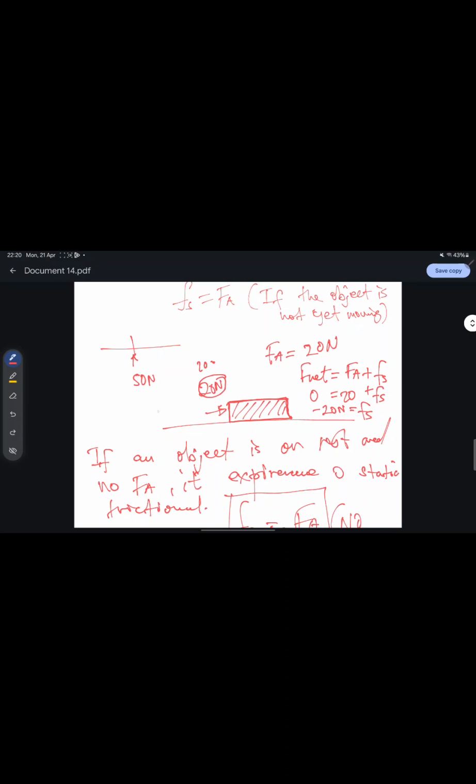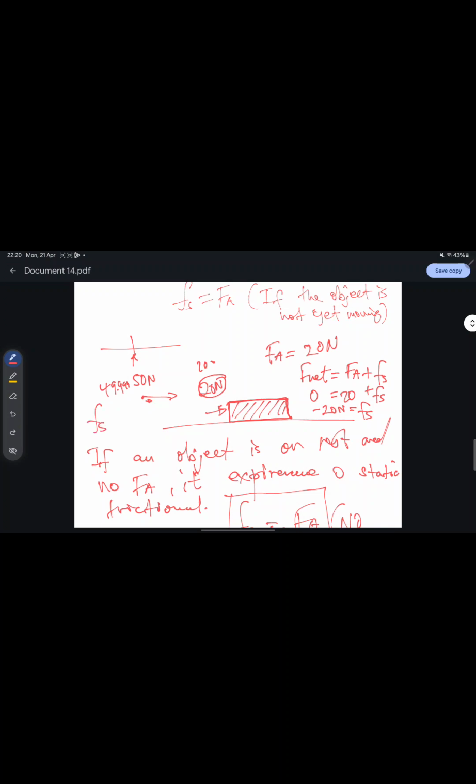When I'm applying 50 Newton, the block starts to move to the right. At 49.999 the block was not moving. It starts to move exactly at 50 Newton.